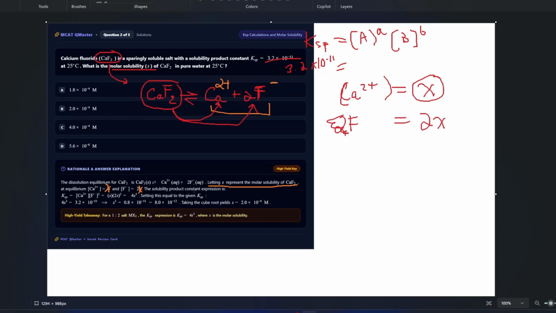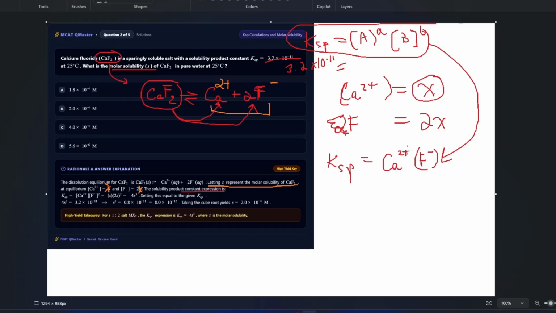Okay, so now we can write out the solubility product expression finally. We're going to write it again, but with just the elements there, or atoms there. So you have X, and you plug in now 2X.